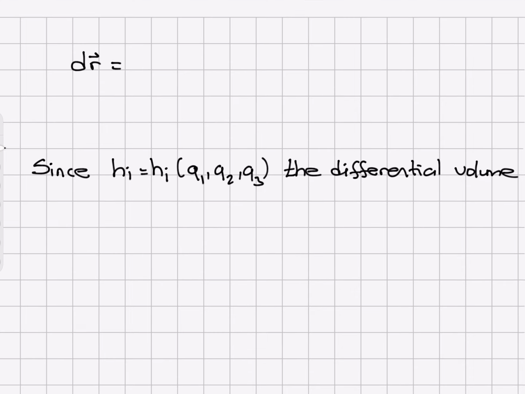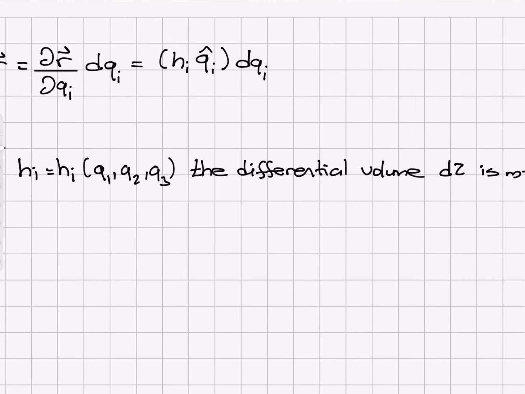Now, if we have a displacement, that infinitesimal displacement dr is del r del qi dqi, which is, because del r del qi is the scale factor hi times qi hat, hi qi hat dqi, and this implies a summation.